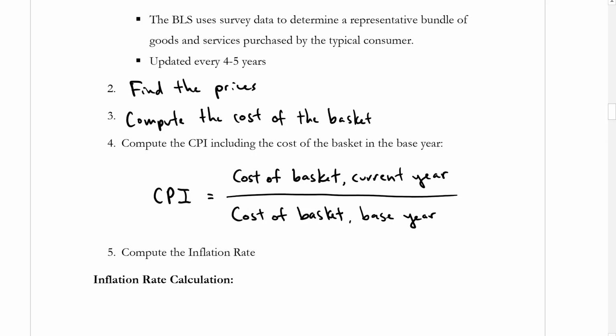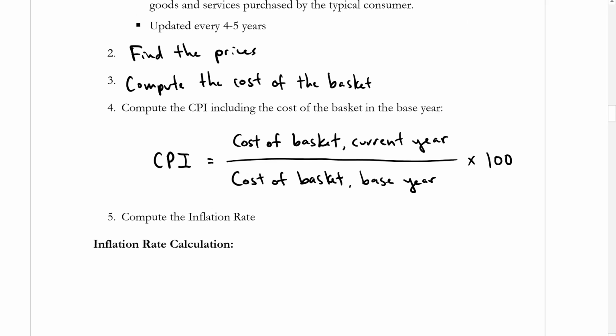Remember, indices always have a base year. So cost of the basket in a current year or any given year divided by the cost of the basket in the base year, that's going to give you the index number. And if you want that to be a number around 100, you can multiply that by 100 instead of it being a fraction.